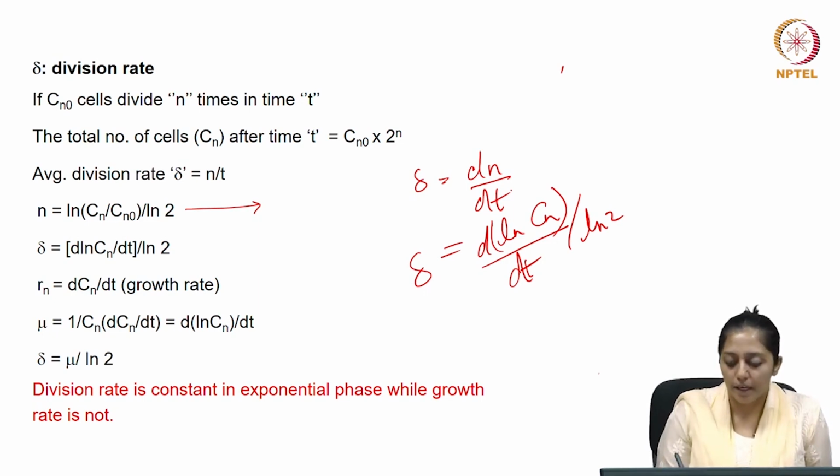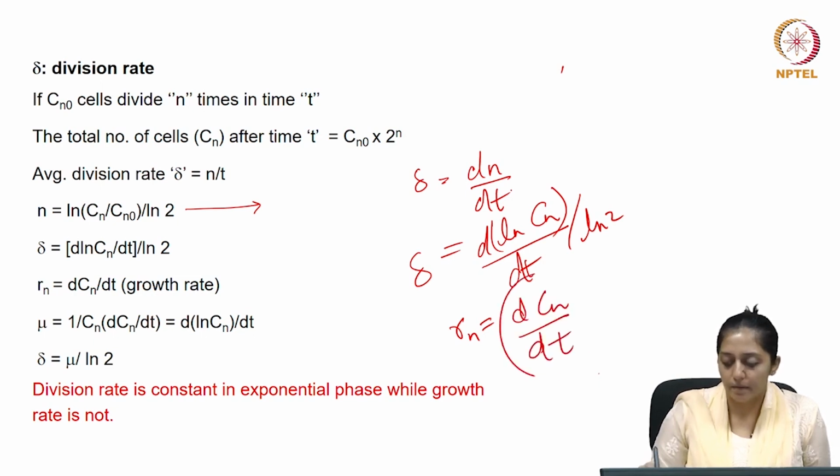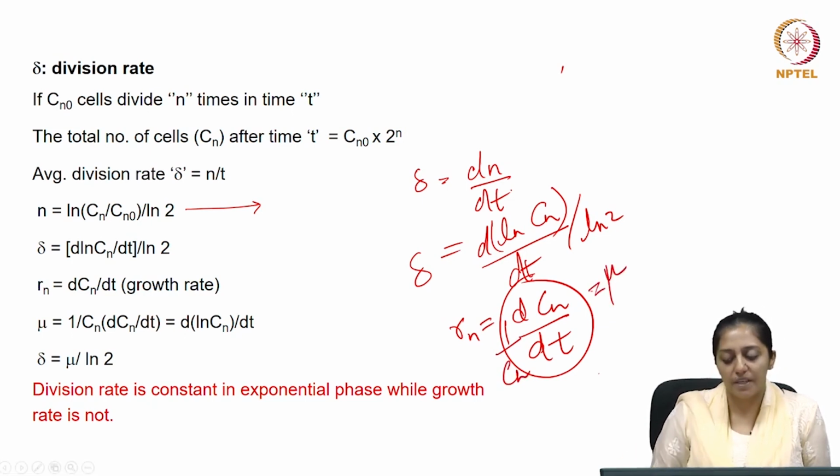So, now rate of growth is equal to dCn by dt. This is your growth rate, and if I normalize it with the cell number, it becomes specific growth rate, isn't it?